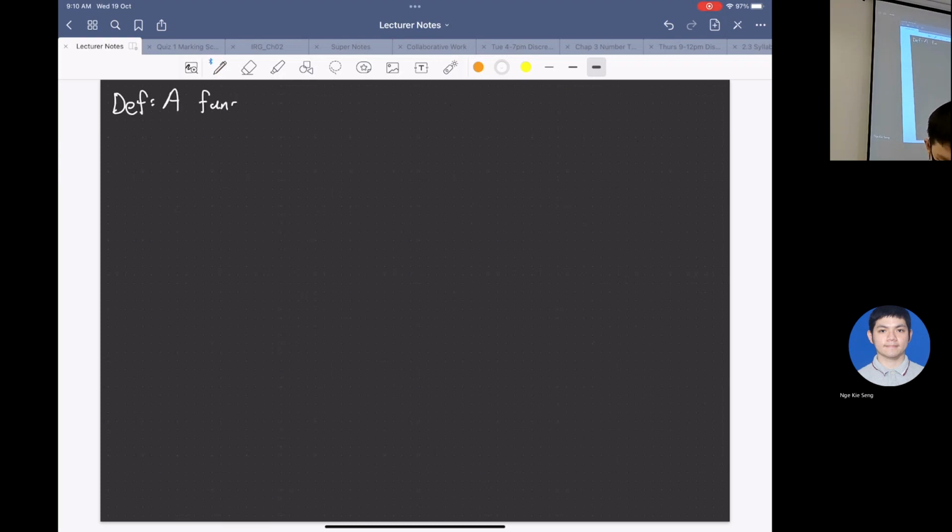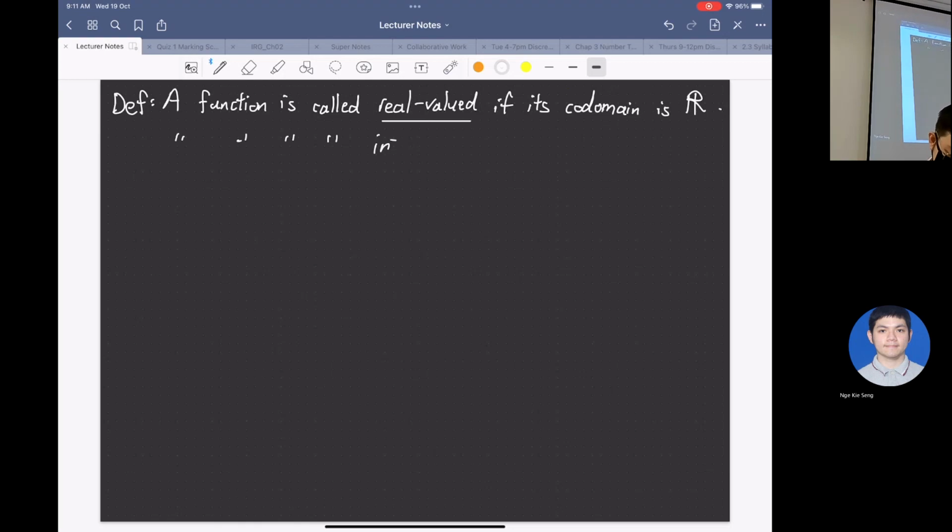A function is called real-valued if the codomain consists of real numbers, and it is called integer-valued, which is discrete, if the codomain is Z.